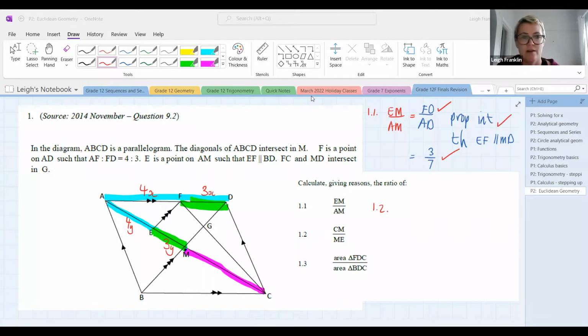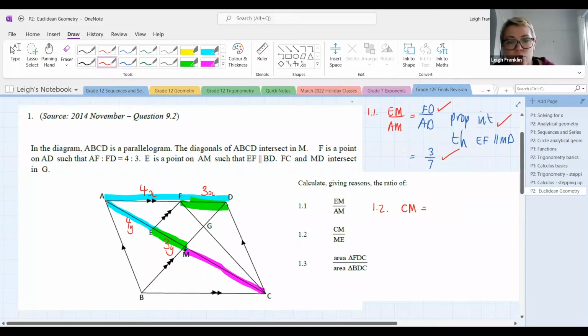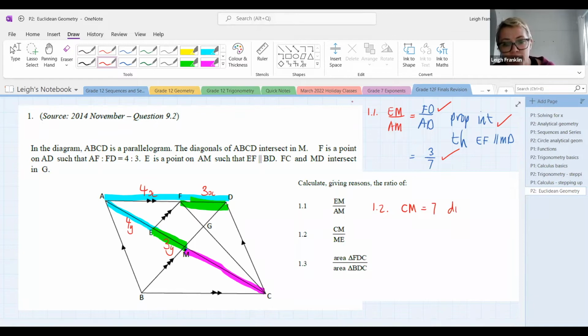Exactly, Zafika. Exactly, Kanisa. Quite right. But remember, this is geometry, so we can't just write down answers. We've got to explain why we say the things that we do. So we need to state here that CM is equal to 7, and our reason, the diagonals of a parallelogram bisect each other.